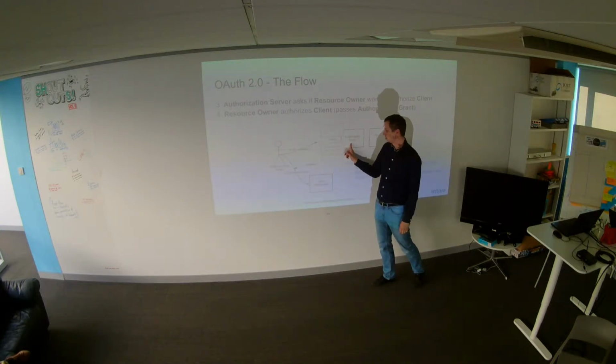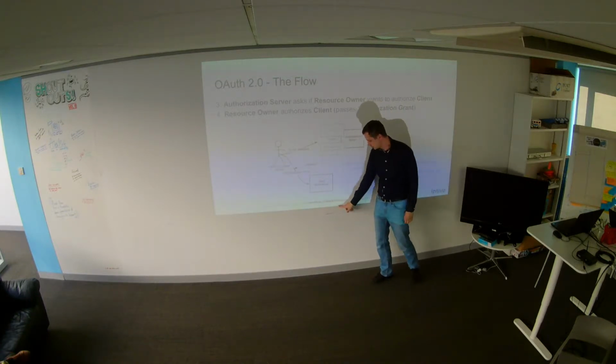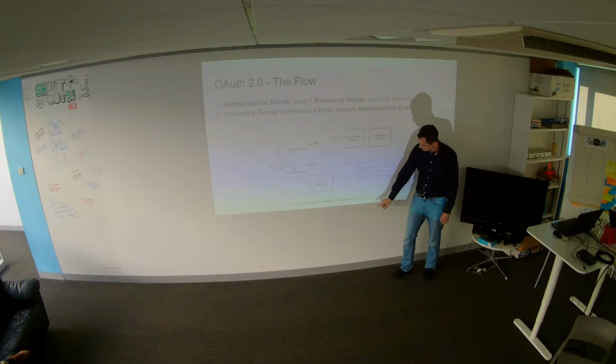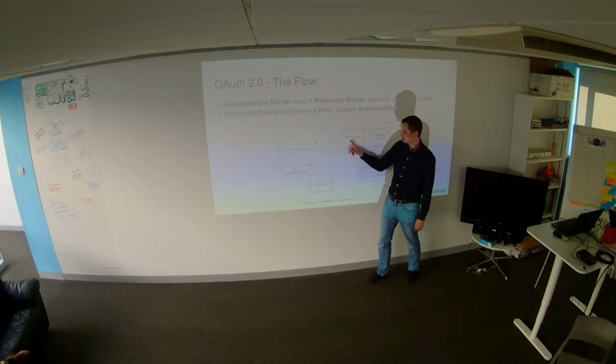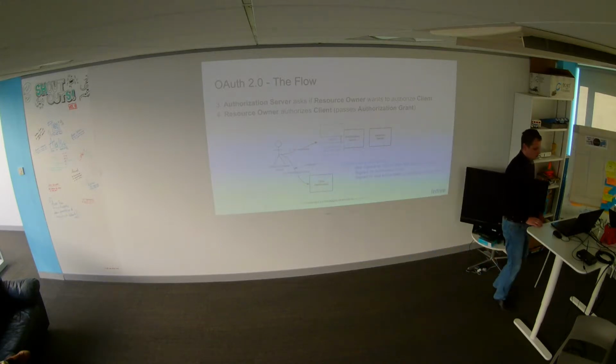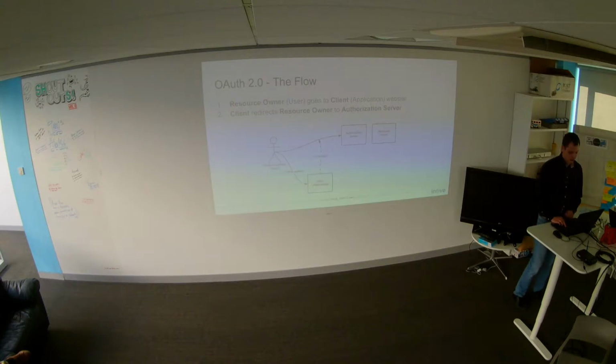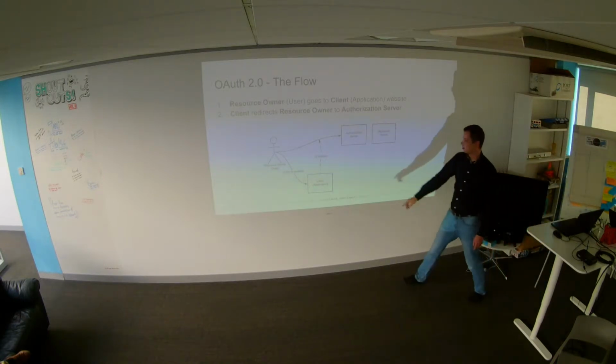this authorization server creates something called authorization grant. It's in here, and redirects me back to the application. In the third flow, you can see that first I'm redirected here.